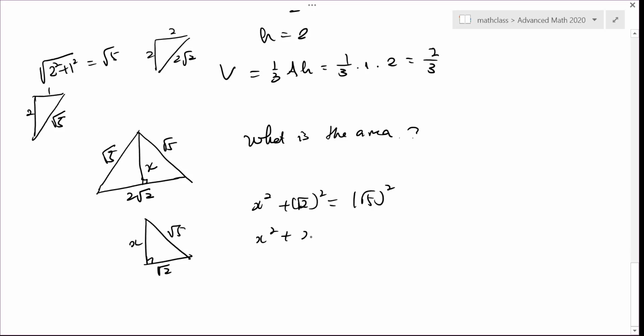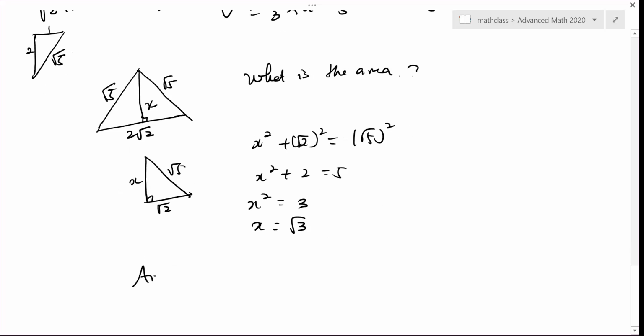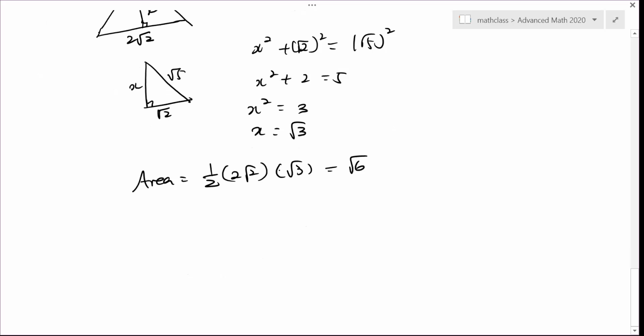So x squared plus 2 equals 5, x squared equals 3, x equals square root of 3. So the area is going to be 1/2 times 2 square root of 2 times the height, so it's going to be square root of 6.